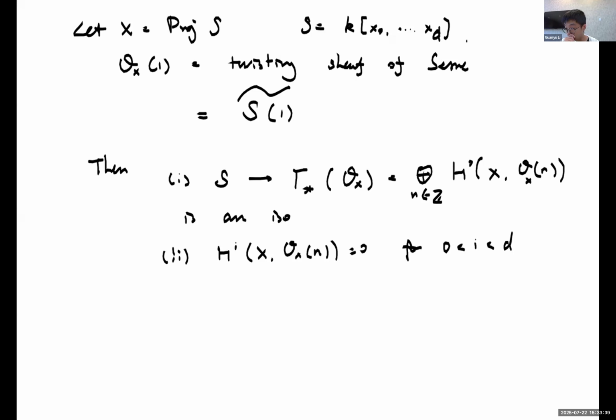And we know what the things not equal to 0 are, which is H^d of X. Then you need to twist it by minus d minus 1 times, then this is isomorphic to the field K.